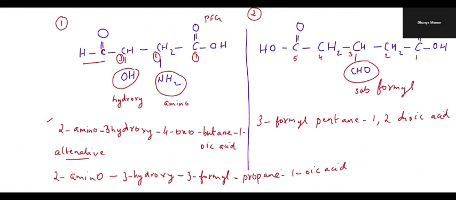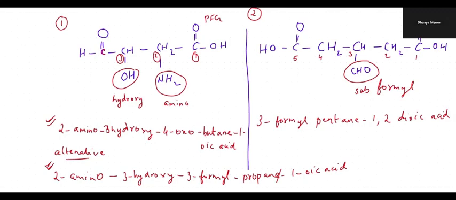So I hope I'm clear. So in the exam, if you don't get this option, look for this option. That means they have not numbered the carbon of the aldehyde substituent. So that is why there can be the alternative name over here in which they have not numbered the carbon.